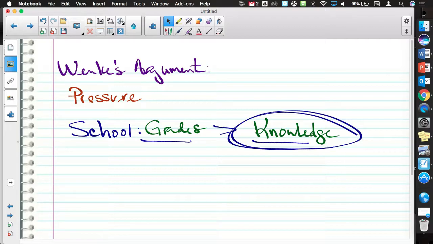Whereas the person who got the 90% and skated by should not feel, hey, I succeeded a whole lot, because I didn't really do anything to put in the work.